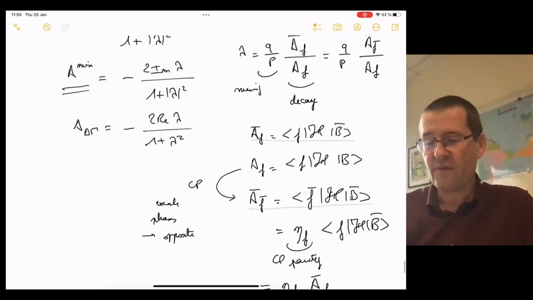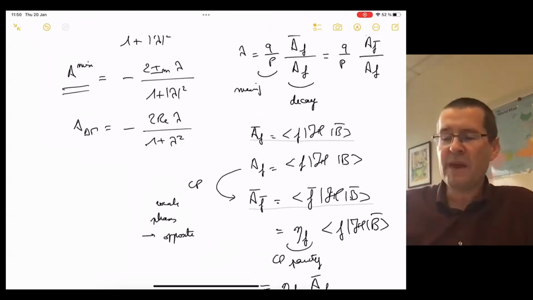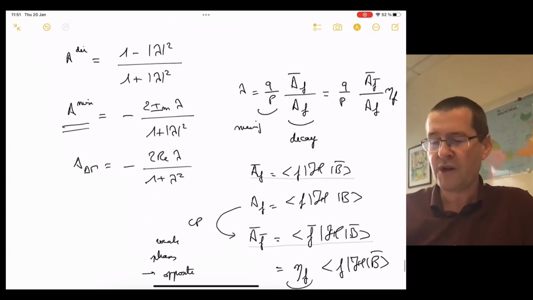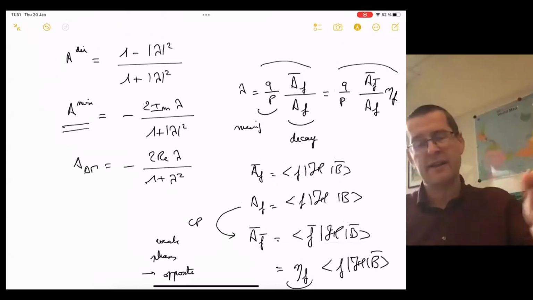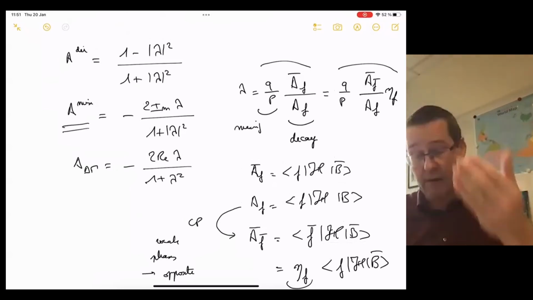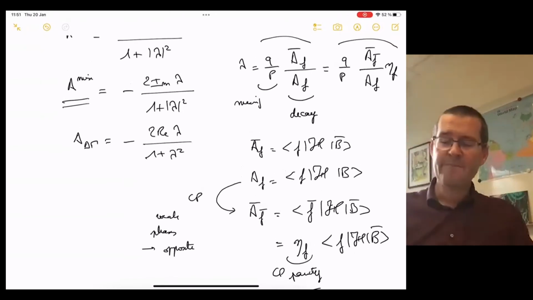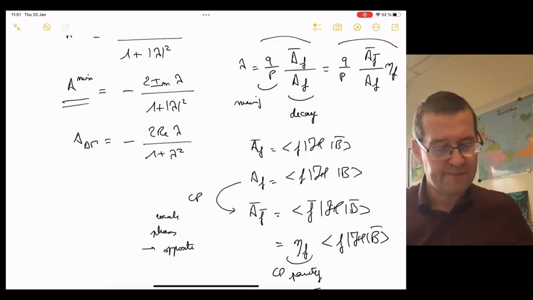Since in the end what you're interested in is a state which is a CP eigenstate, you can re-express that in terms of the quantity you would more naturally come to terms with, which is B bar going to F. That's why you have these two expressions: one which is more natural phenomenologically, and one more natural when you want to connect with the theoretical expression of A_F, because you just take the weak phases to their opposite, which is much easier.